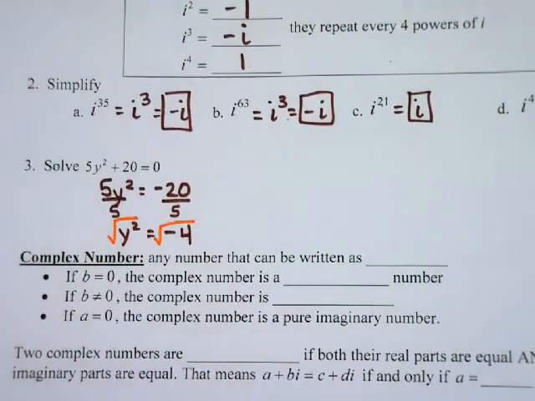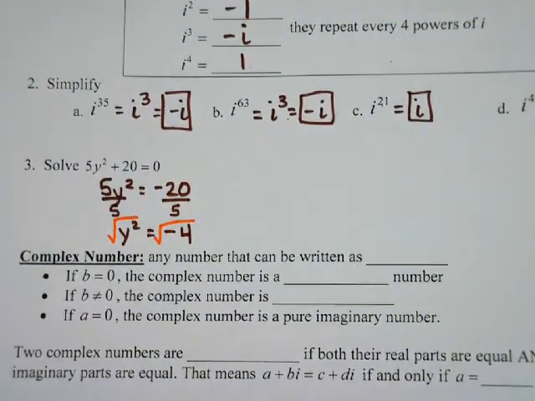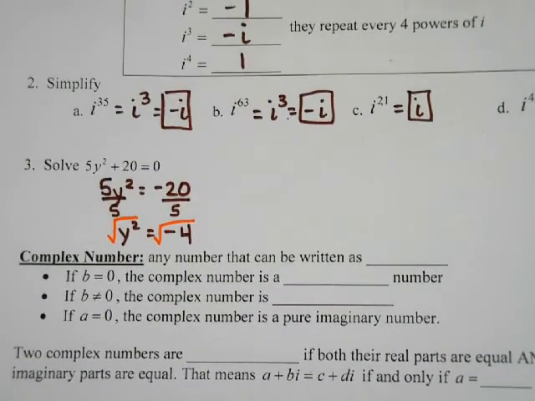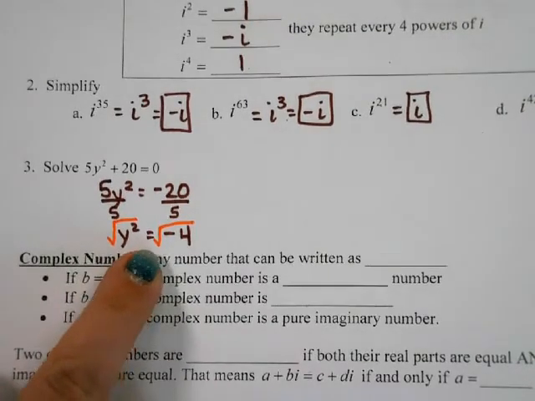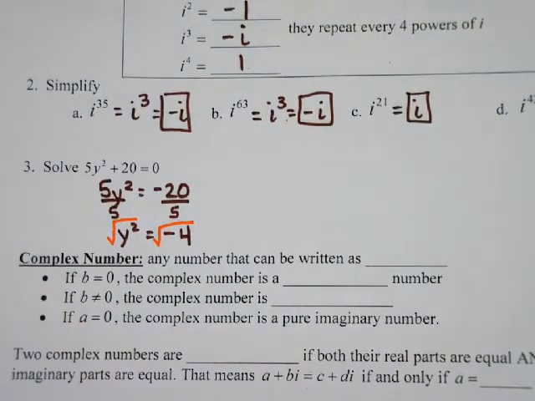So those old guys back in the day, wearing togas and olive branches around their heads or whatever, they're like, we need a way to solve this, because right now I have y squared is equal to the square root of -4. So there's no way for me to solve that. And they say, but math always has a solution, right? So that's why they came up with these imaginary numbers. They got tired of that no solution thing. Come on, there has to be a solution, right?